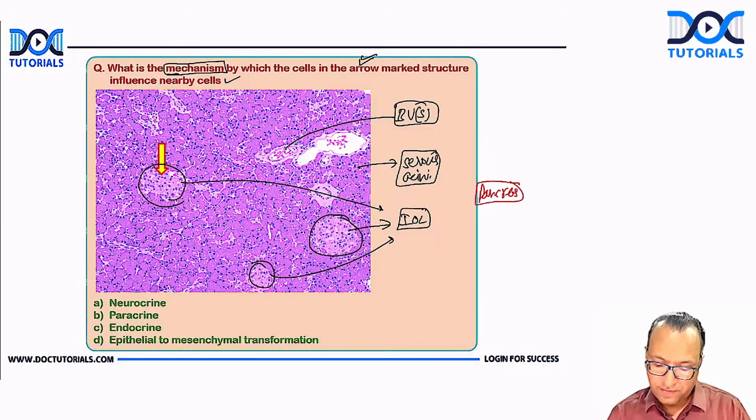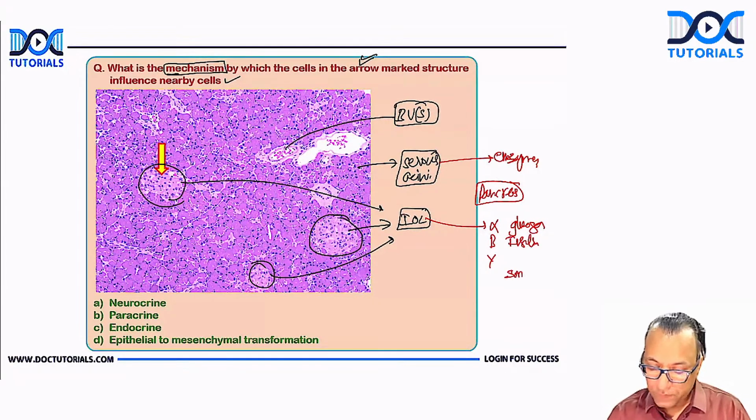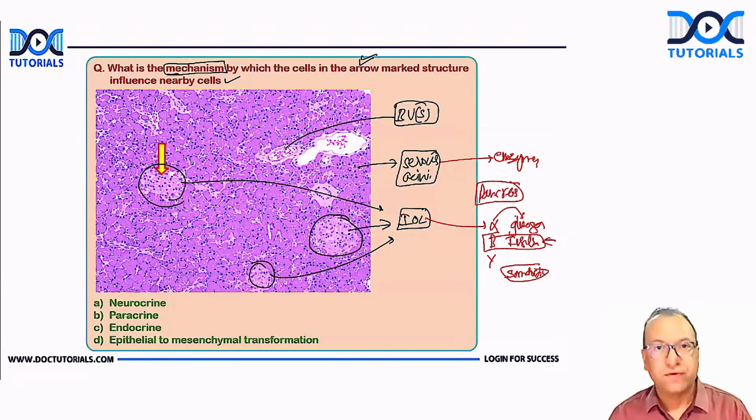Now, if it is a slide of pancreas, these serous acini will be giving pancreatic enzymes, and the islets of Langerhans have alpha, beta, delta, and gamma cells. They give glucagon, insulin, and the delta cells give somatostatin. The alpha cells, which give glucagon, can be inhibited by secretions of the beta cell, insulin.